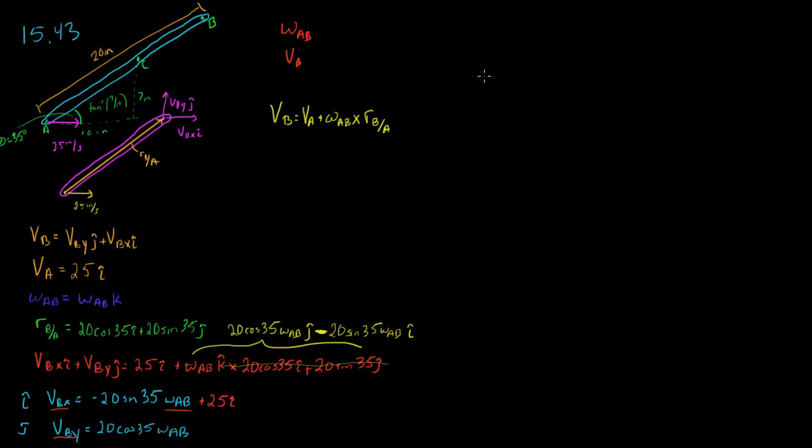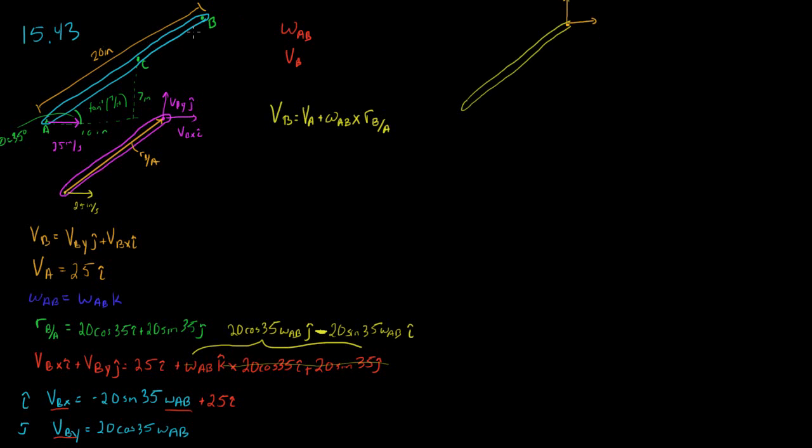Now, if we do that, I'm just going to leave it open because it's not the end of the bar. Our point C is going to have two components of velocity.